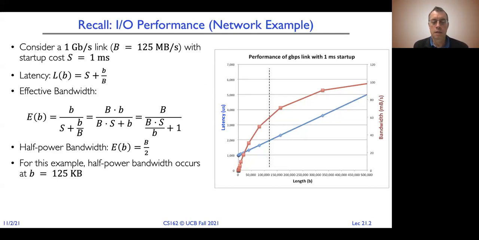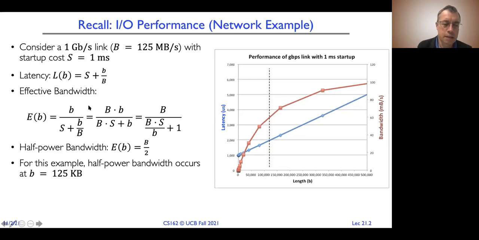The other important metric here is the effective bandwidth, which is: if I'm sending a packet of this length, what is the effective bandwidth for sending that packet? That obviously is the packet size, small b, over the time it takes to send the packet, which does include S, the fixed overhead. The formula is capital B over capital B times S over small b plus 1.